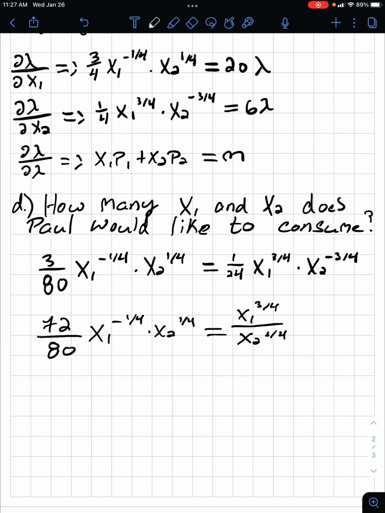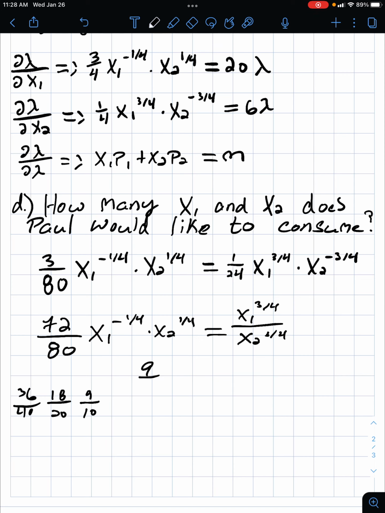I don't have a calculator on me. So let's see, we get 40 over 36, 18 over 20, 9 over 10. That's it. 9 over 10. Yep, that's right.